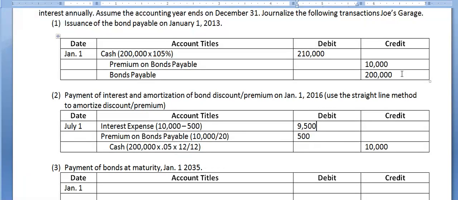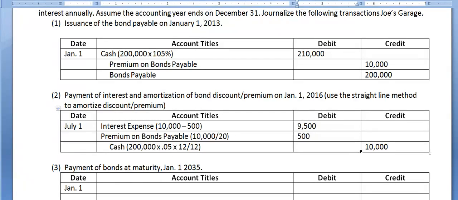We have to spread that reduction out over the life of the bond, the 20 years that the bond is in existence. So that's what we do here. We divide the premium by the 20 interest payments, and each time we make an interest payment, we reduce our interest expense by $500. So when we amortize a bond premium, the interest expense actually ends up being lower than the cash we pay out.